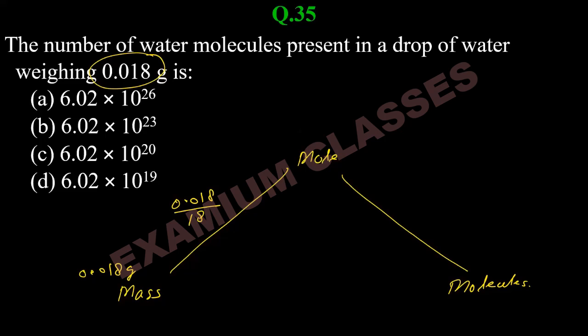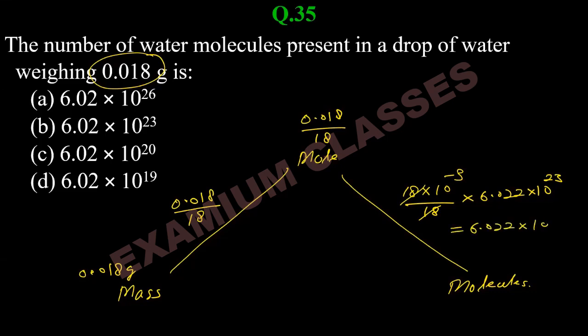So these many moles, you multiply by Na, you get the number of molecules. 0.018 is 18 into 10 power minus 3. This will give you 1, meaning 6.022 into 10 to the power 20.